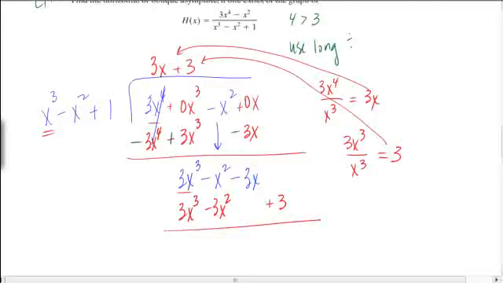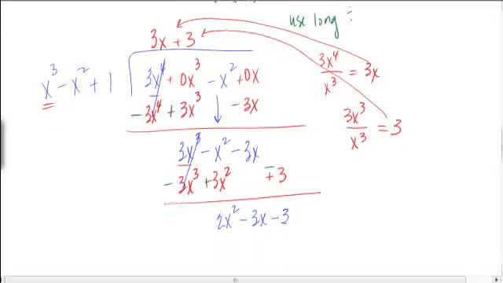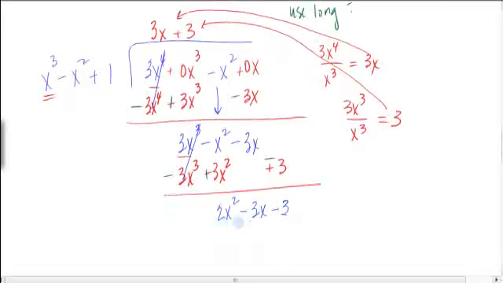Now remember, the next step would be to change all of these signs and then add straight down. The first term disappeared. The second term becomes a 2x squared minus 3x minus 3. Okay, this is where I stop. This right here is the remainder.